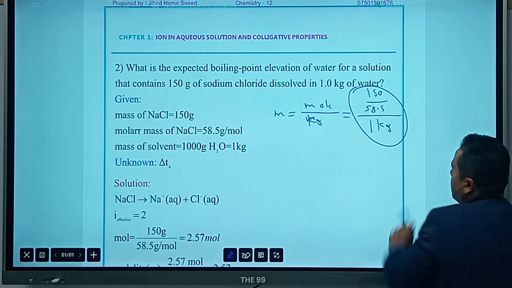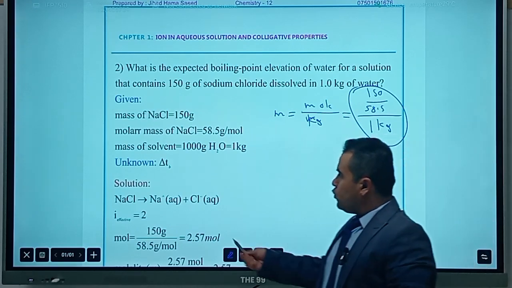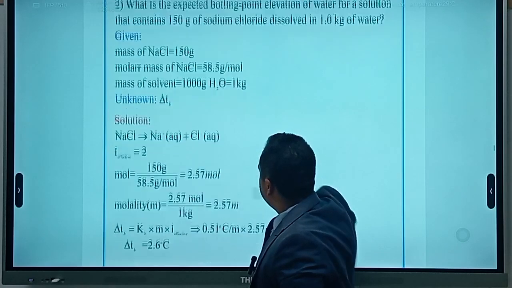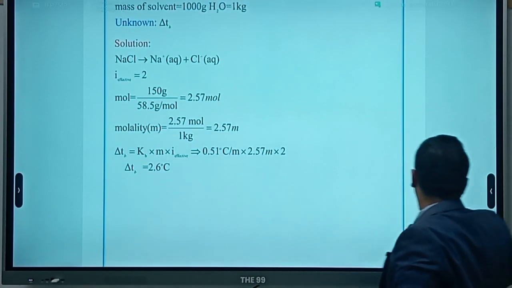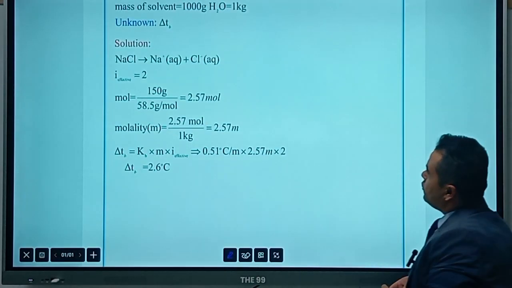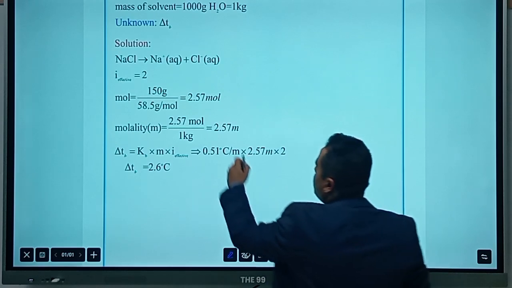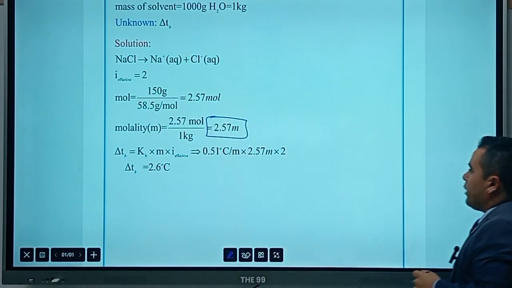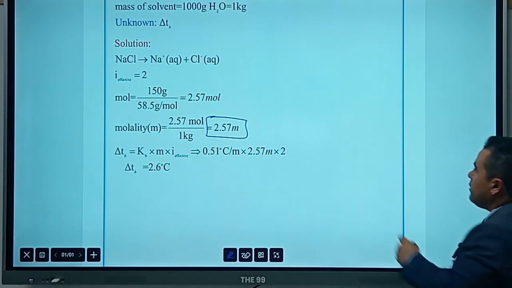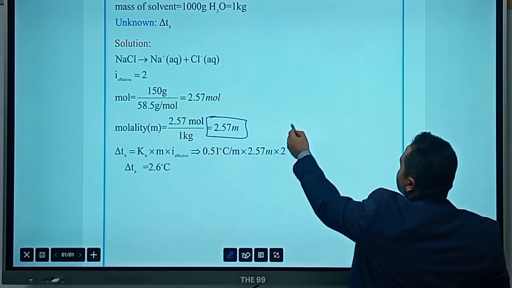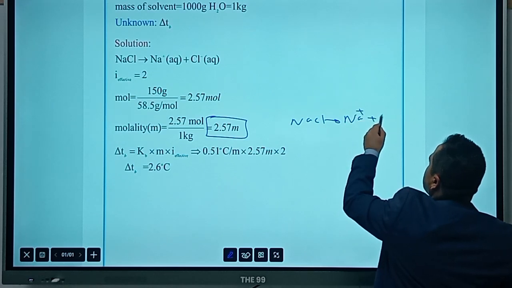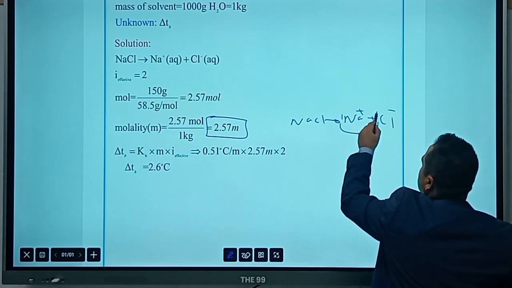So this gives the molality, which is equal to 2.57 molal. The compound is NaCl. NaCl, when it dissociates, will produce Na positive, Cl negative. So we have got two ions.